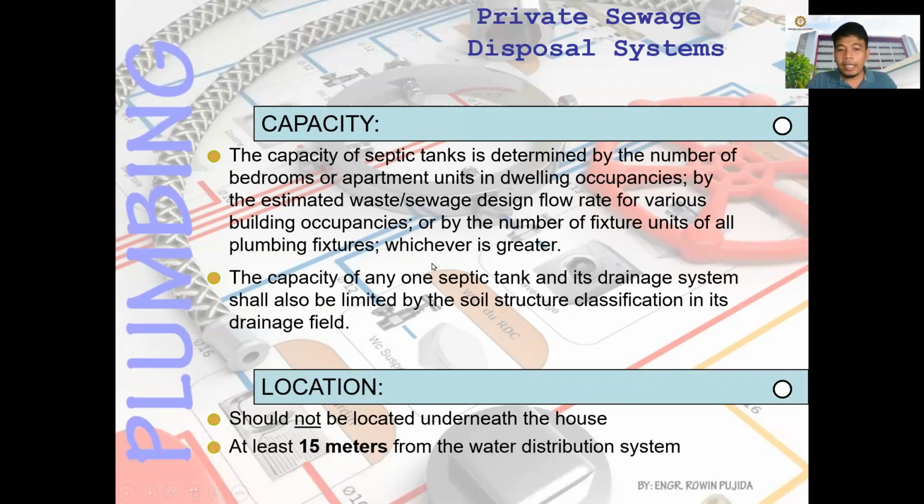Then at least 15 meters from the water distribution system. So in the certification from the master plumber, it should state that the septic tank is 25 meters in distance from your deep well. Okay, so there should be no deep well within a 25-meter radius from the septic tank. Okay.